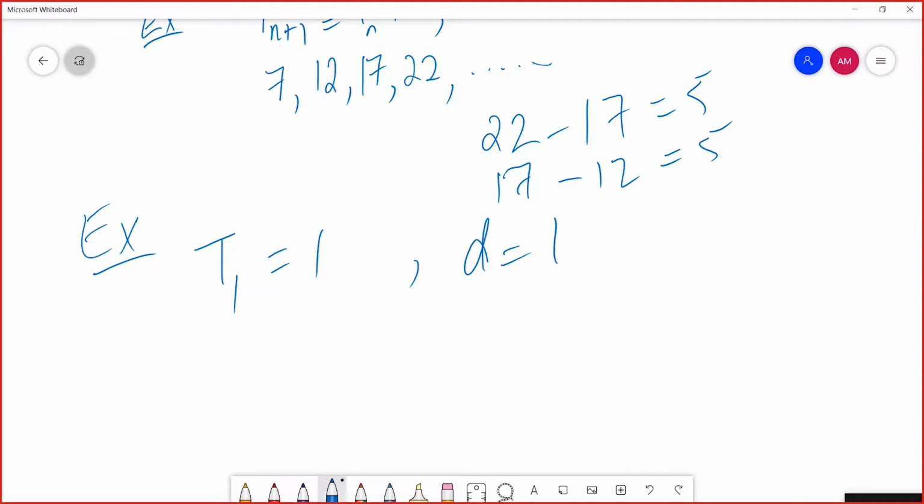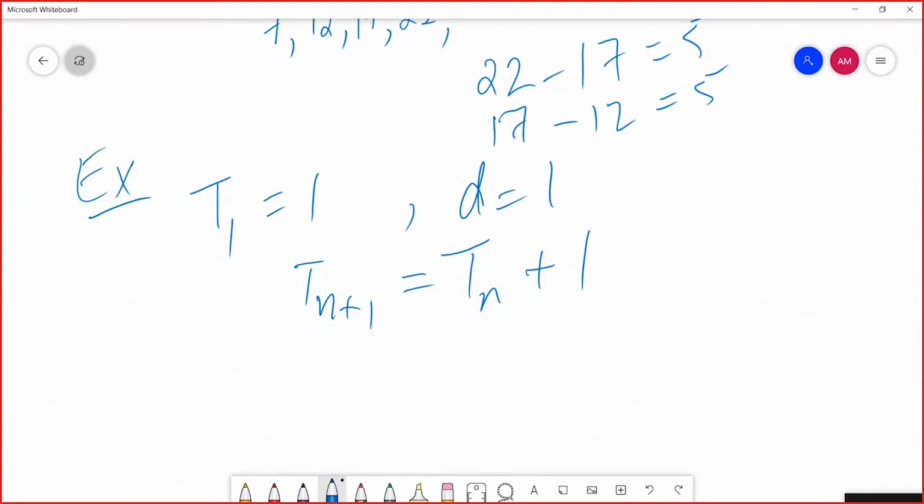Tn plus 1 equals Tn plus 1. It means the next term is equal to the previous term plus 1. So term 1 is 1, and then 2, 3, 4, 5.